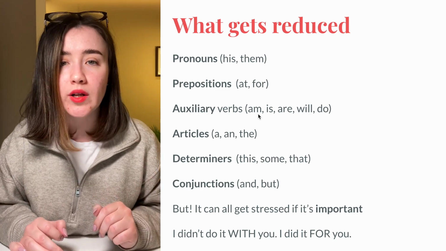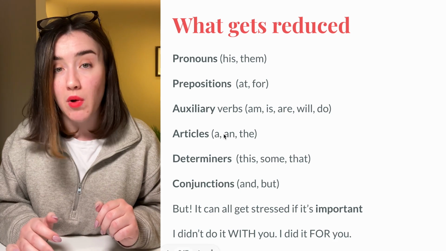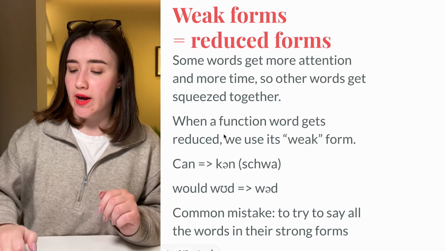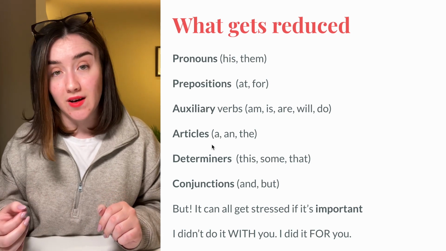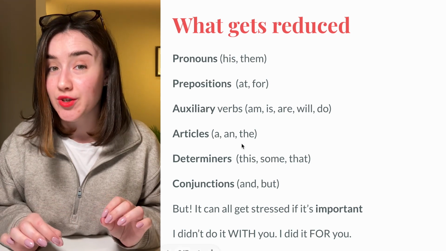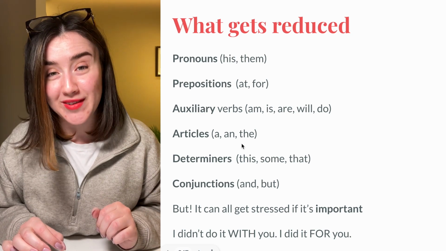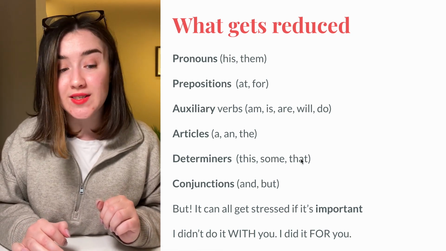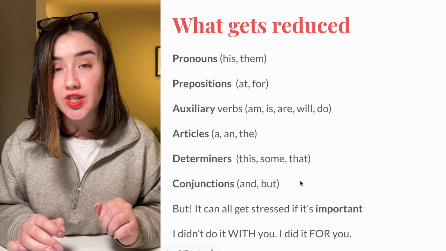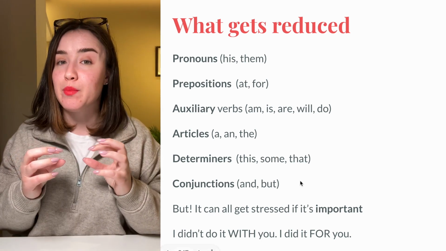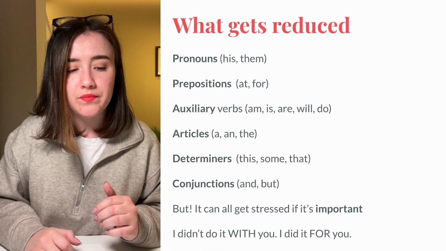Am, is, are, will, do, can, whatever. And modal verbs as well. Articles, a, an, and the, right? But sometimes they don't get reduced. And we're going to talk more about that later. Determiners like this, some, that, any, and so on. Conjunctions that help us connect different parts of sentences like and, but.